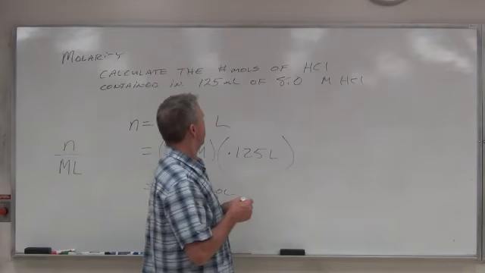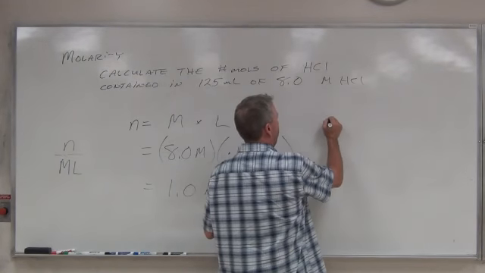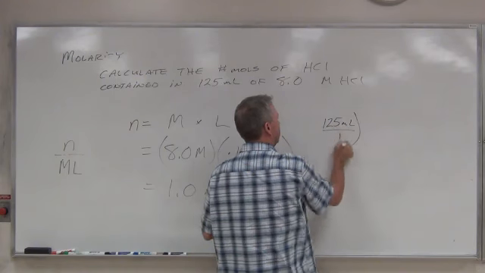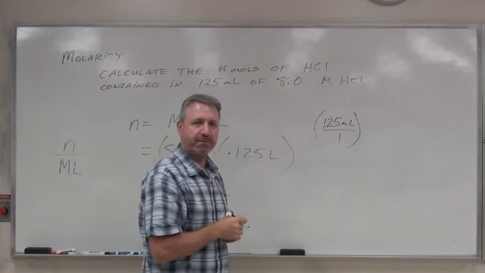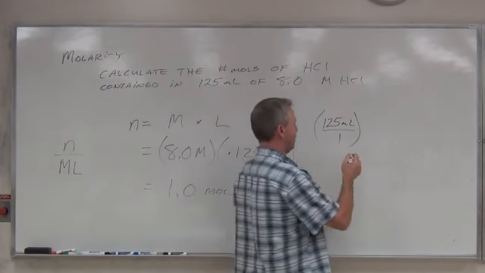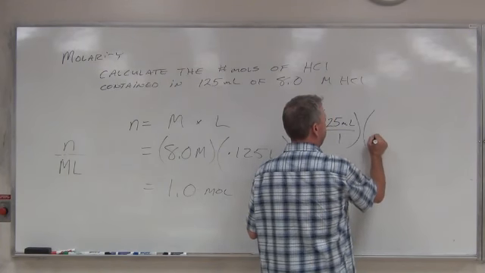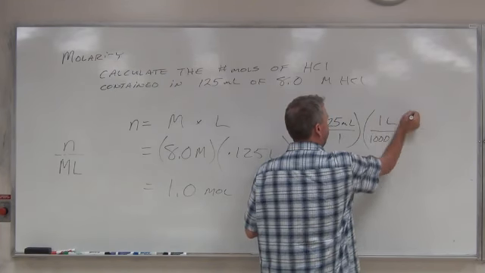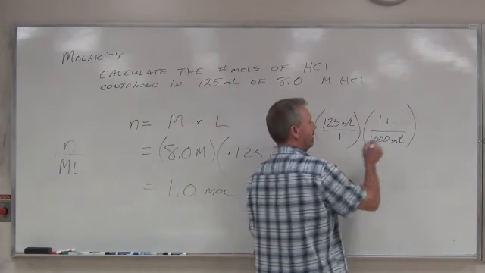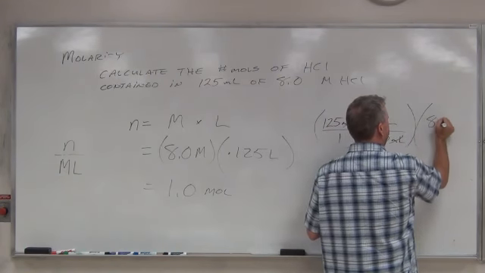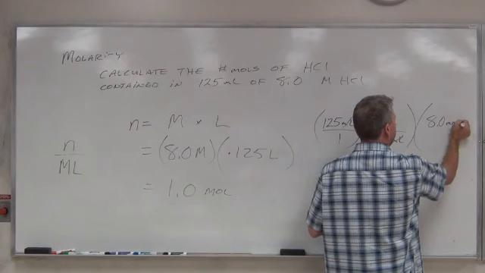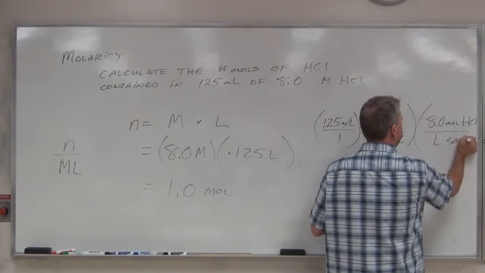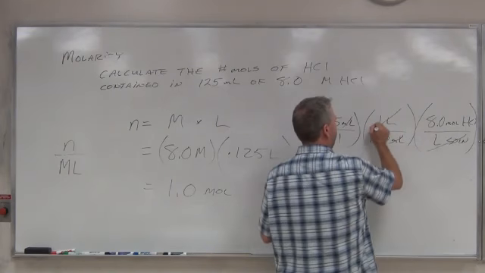Alternatively, we could say I have 125 mL of solution. I convert that to liters, and I get 1,000 mL per 1 liter, mL gone. Then I can say I have 8 moles of HCl per liter of solution. Liters are gone.